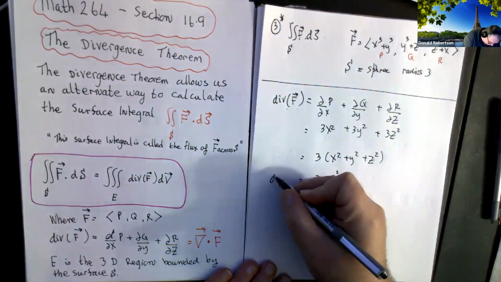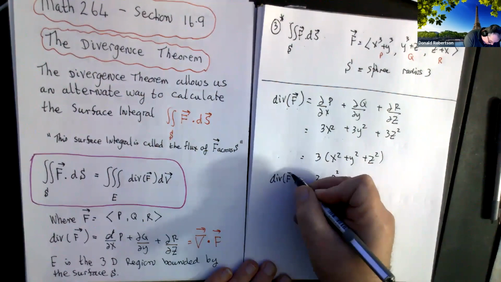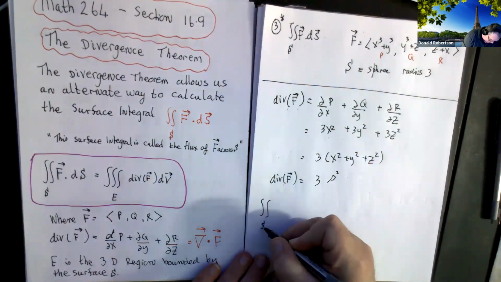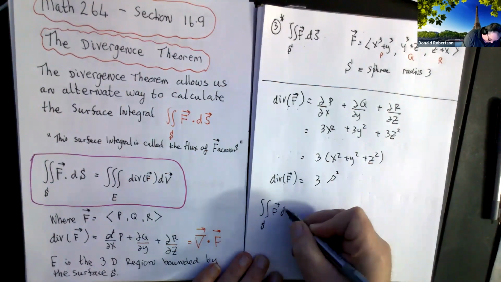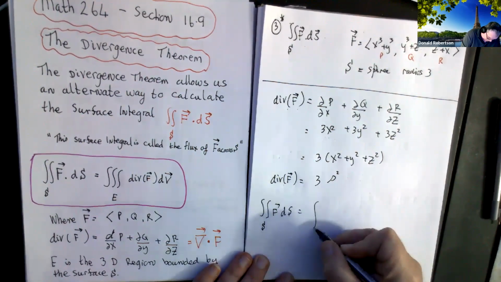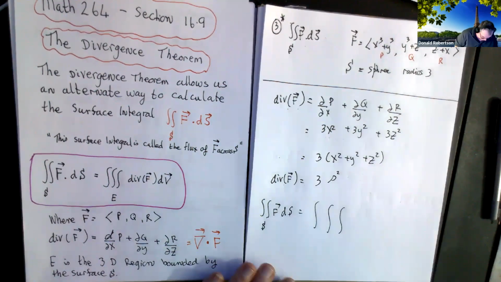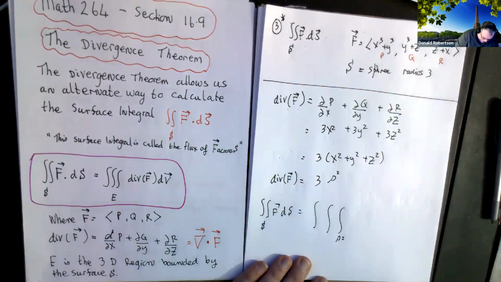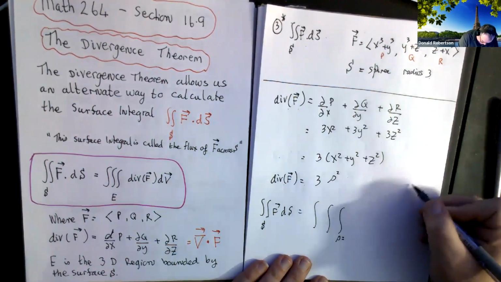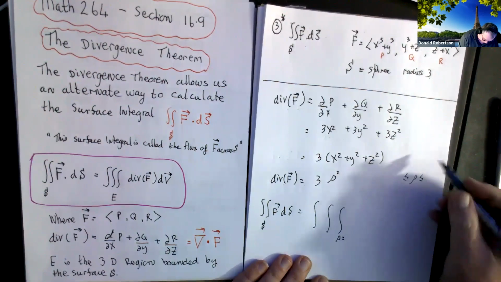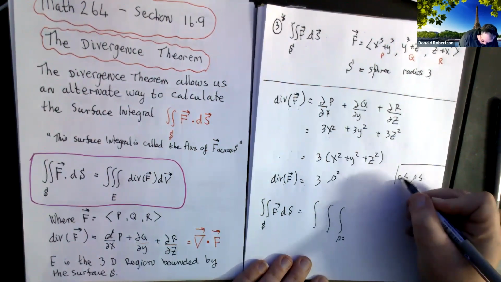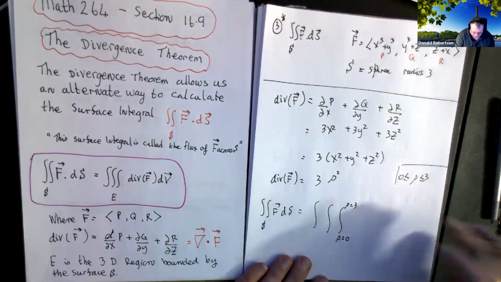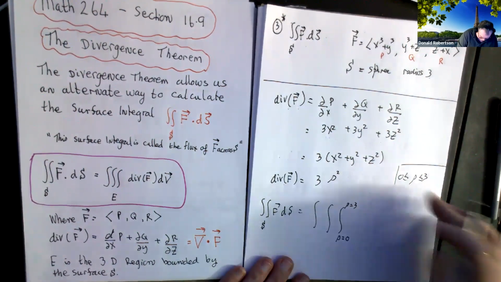So I'm going to make sure everything is in terms of spherical coordinates. In spherical coordinates, the variables in no particular order, it's rho, and the radius of this is 3. So rho goes from 0 to 3. If the radius was 10, rho would go 0 to 10.